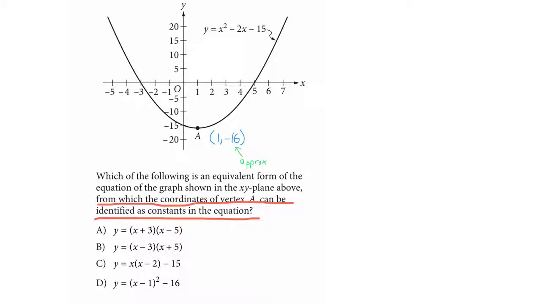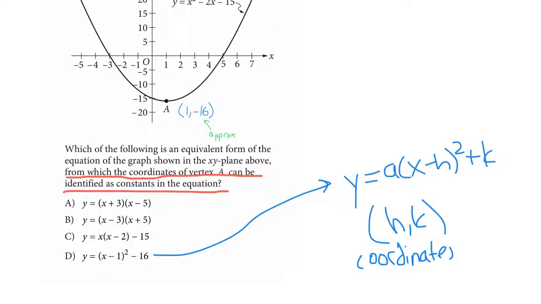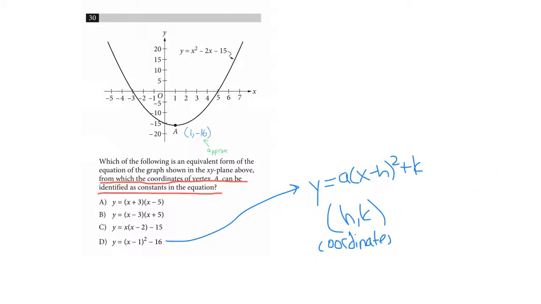And by the way, that is vertex form. Vertex form is when the parabola is written like that, where h, k are the coordinates of the vertex. Well, we can very clearly see that that is exactly what's happening in this situation.